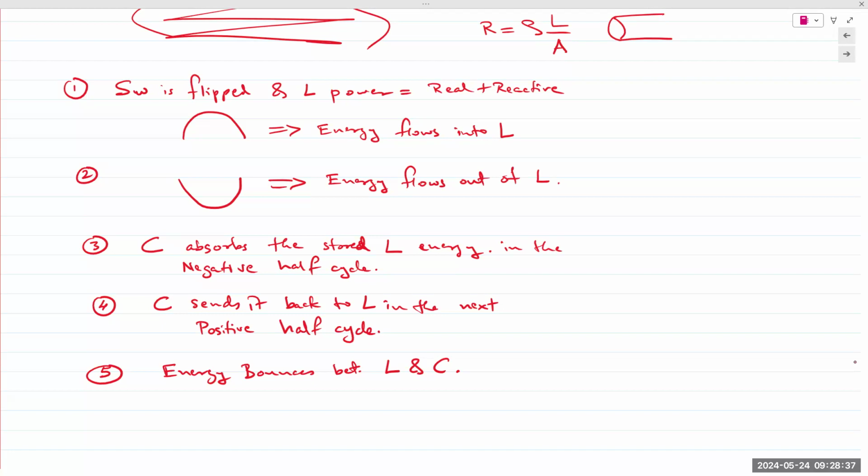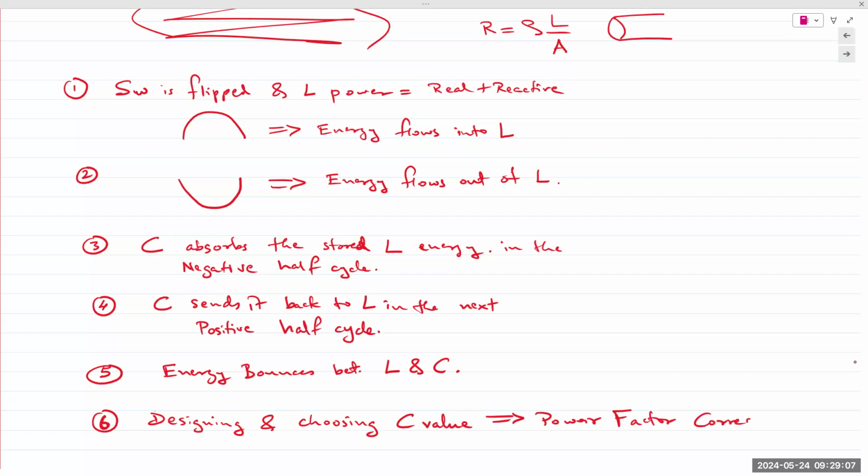But what you are going to do, which is something you already did in lab 7, if you're taking the lab, is basically power factor correction. Okay, power factor correction.